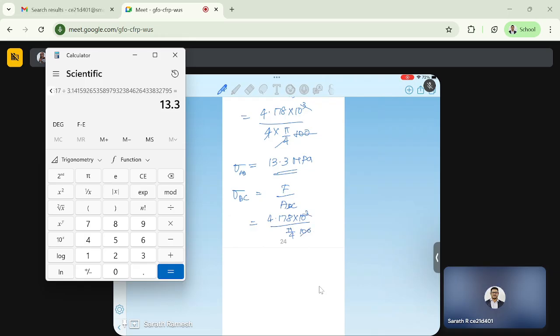This is 4 times 4.178 by pi, 5.32 megapascal. Okay, that's it. Fine.